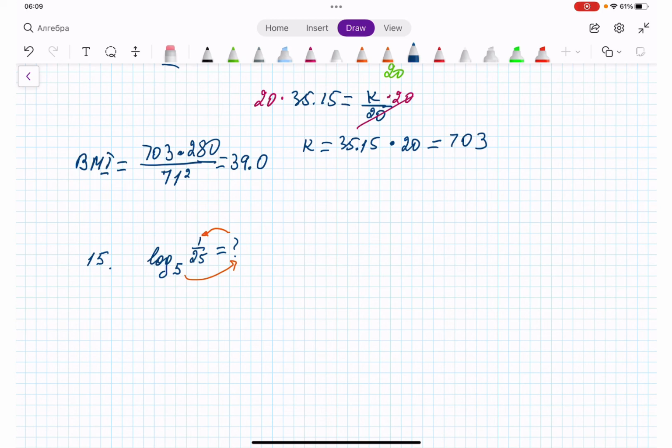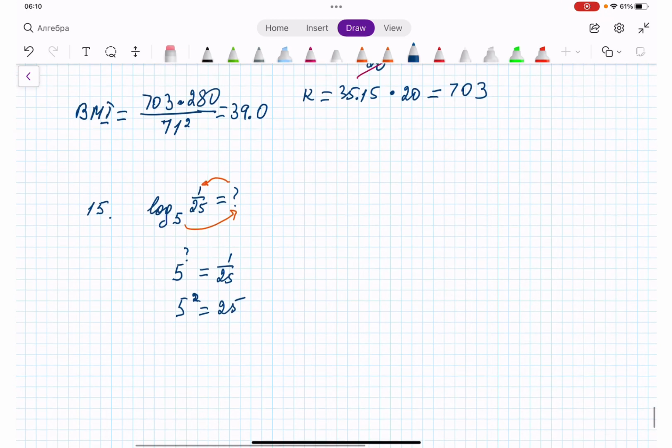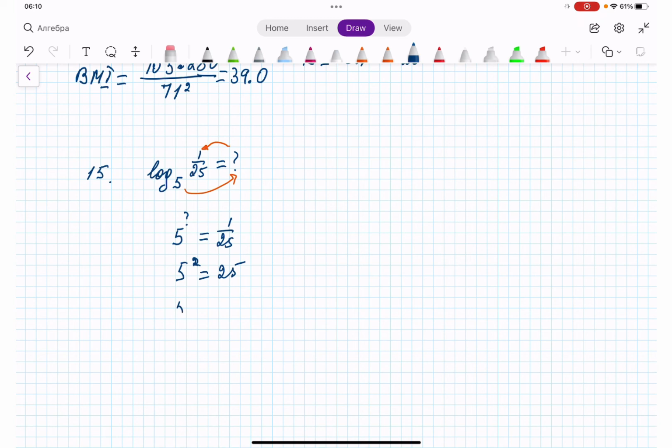Since my base is 5, what power do I have to raise 5 to get 1 over 25? Well, we know that 5 squared is equal to 25, right? That means to get 1 over 25, I'm raising 5 to the power negative 2. It will flip 25, and we get 1 over 25.